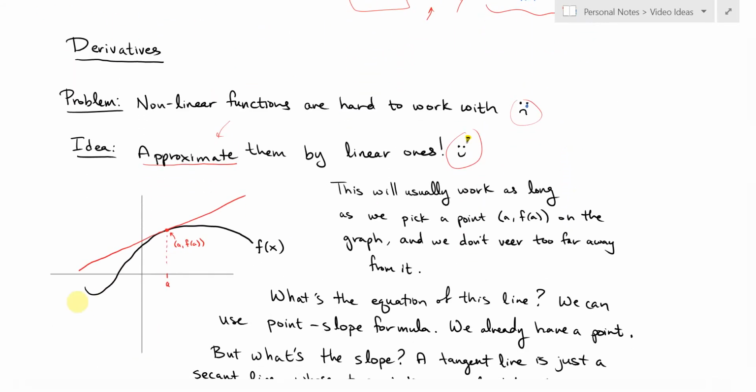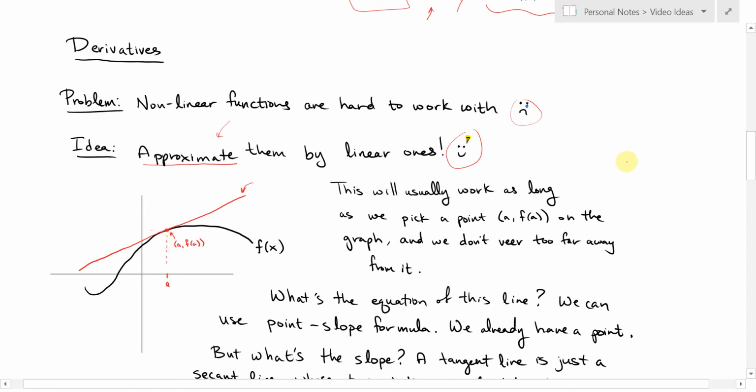So here's the typical picture that's drawn. You have this black nonlinear function f of x, and I've shown a best linear approximation here as this red line. It passes through the point a comma f of a on the function's graph. And so a would be the x coordinate of that, f of a, of course, would be the y coordinate there.